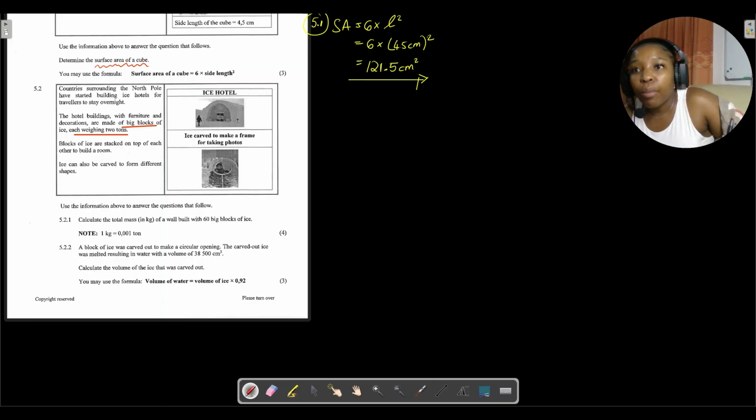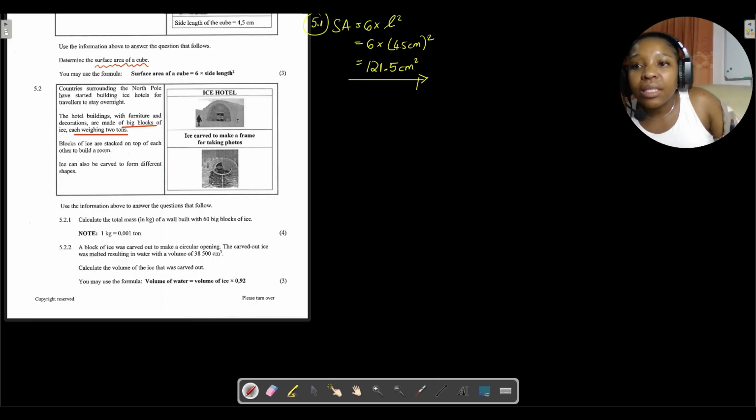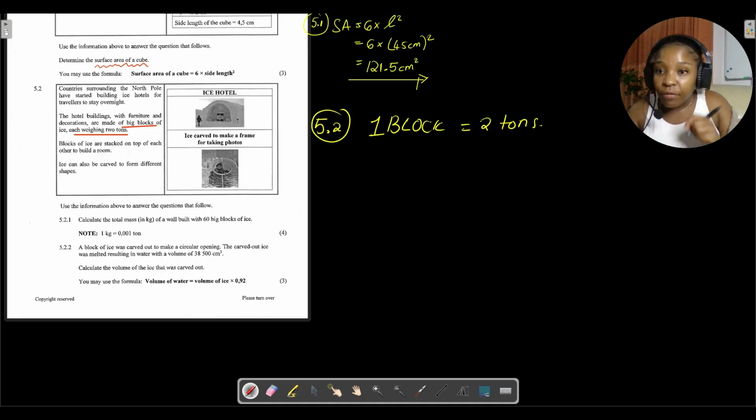So what's very important here that I can already see is that one block of ice, this is question 5.2, one block weighs 2 tons. I'm just going to put it there for future reference. Use the information above to answer the questions that follow. Question 5.2.1.